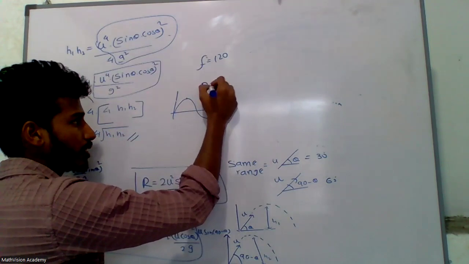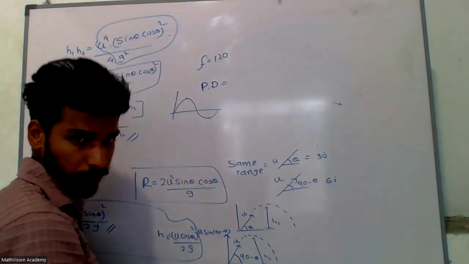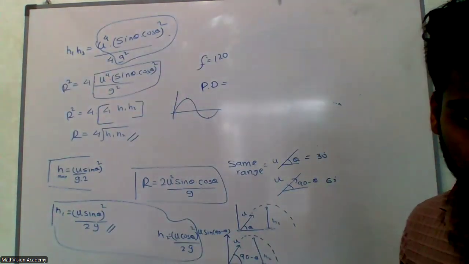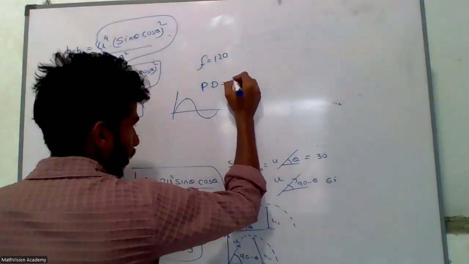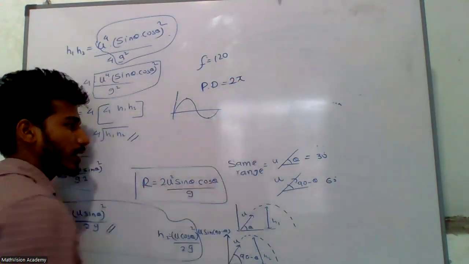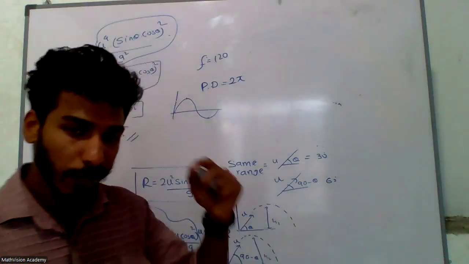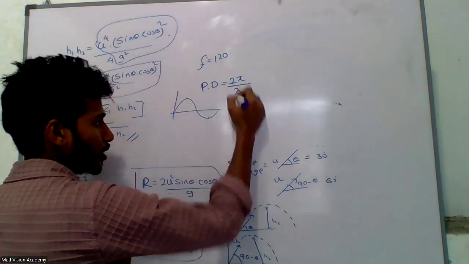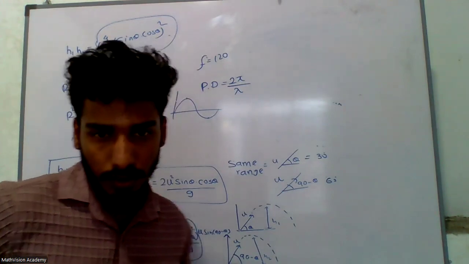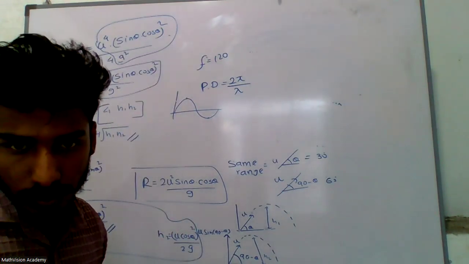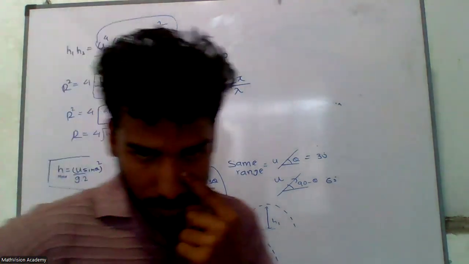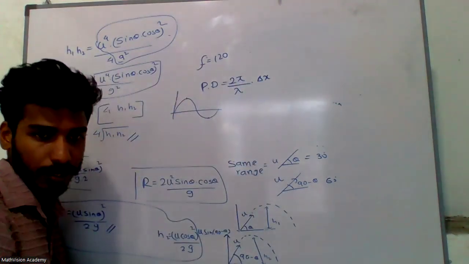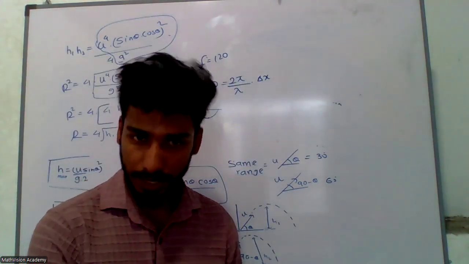So phase difference is equal to 2 pi over lambda, into the separation delta x. Just remember it. This is known as phase difference.